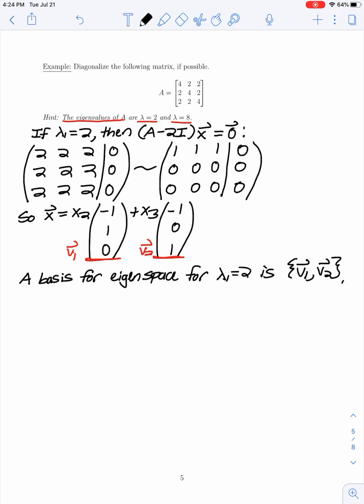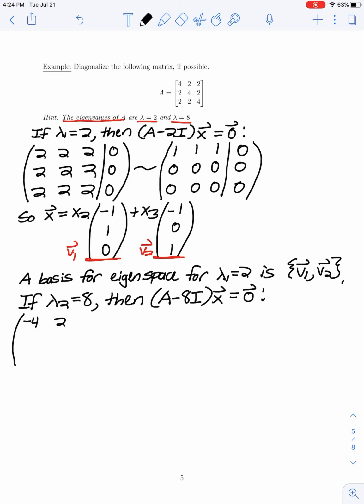If we consider our other eigenvalue, lambda 2, which was equal to 8, then to find eigenvectors we're looking at (A minus 8I) times some vector x equal to the 0 vector. Writing this as an augmented matrix, we're subtracting 8 from the diagonals.